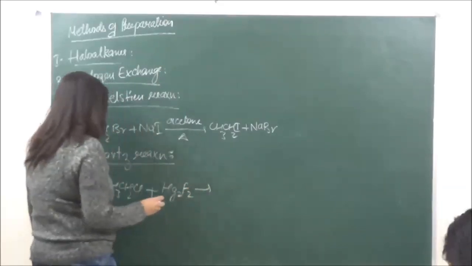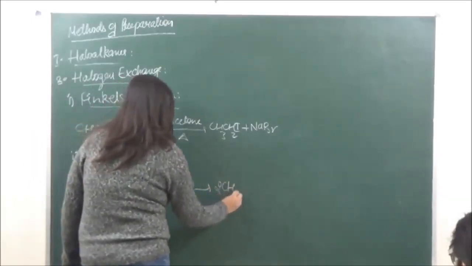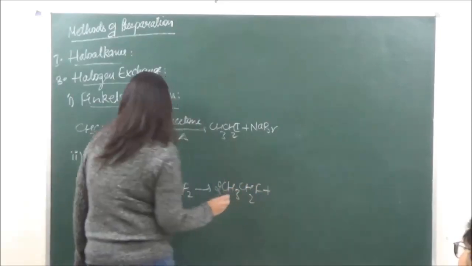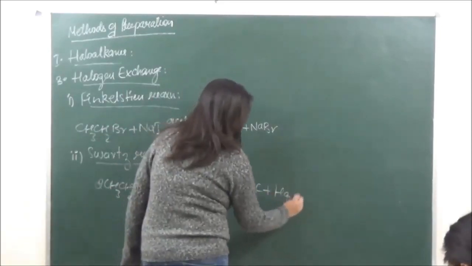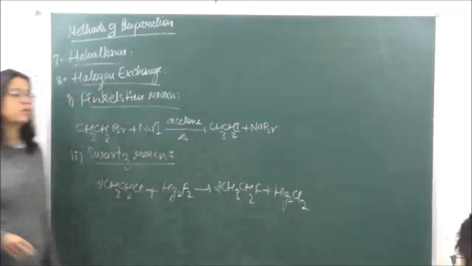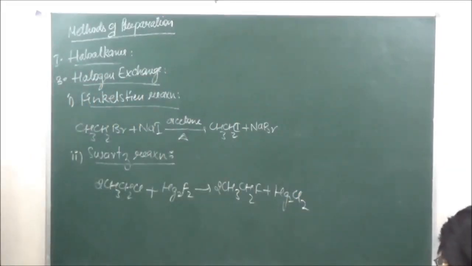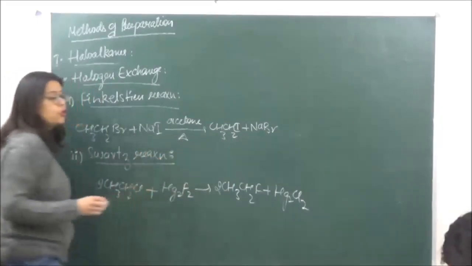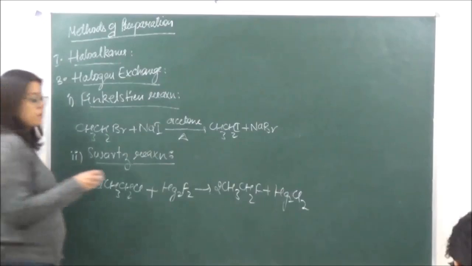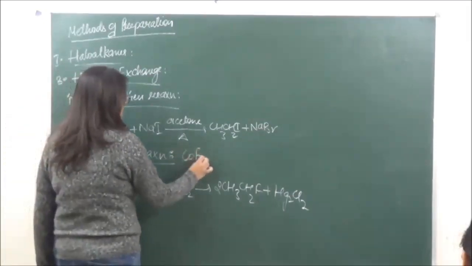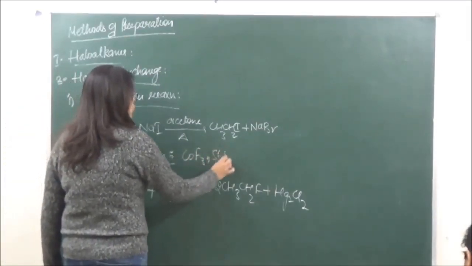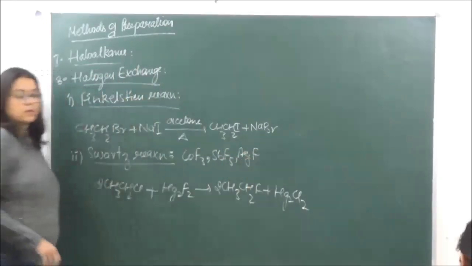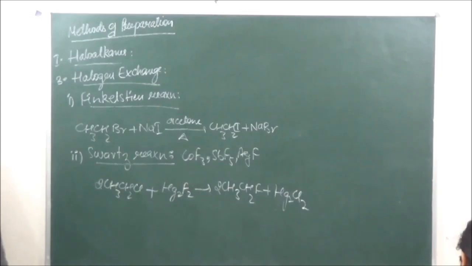This is going to give us Hg2Cl2. Okay, now over here instead of Hg2F2 we can also use certain other reagents. For example, we can use CoF3, we can use SbF3, and we can also use AgF. So either of the reagents can be used.